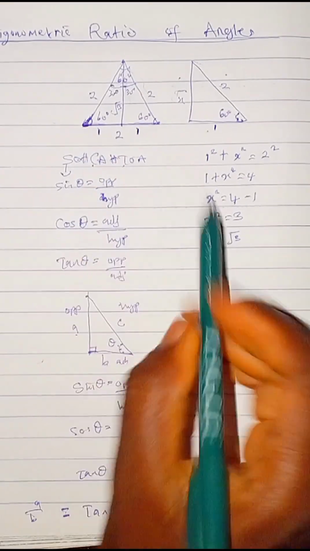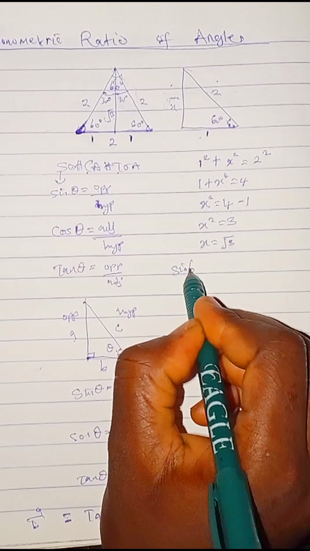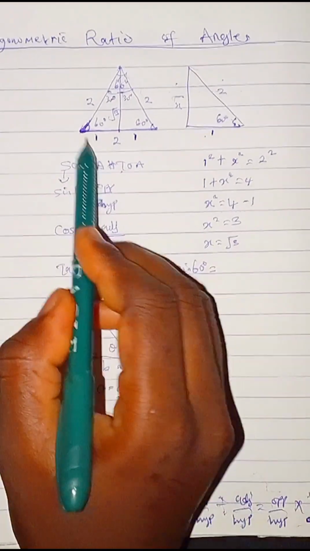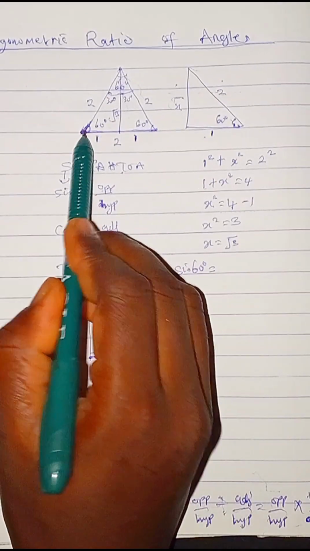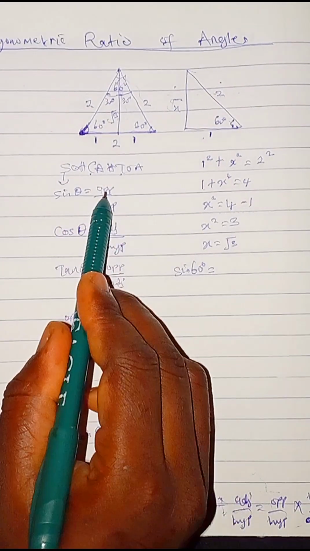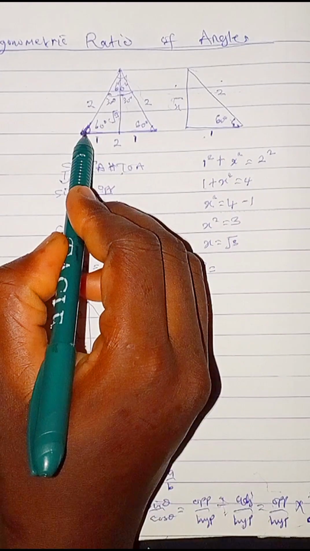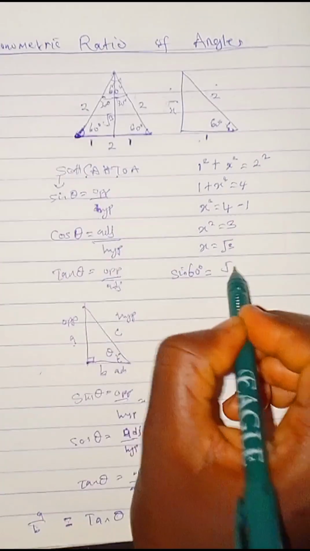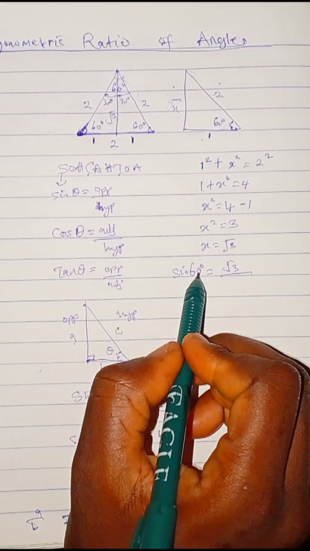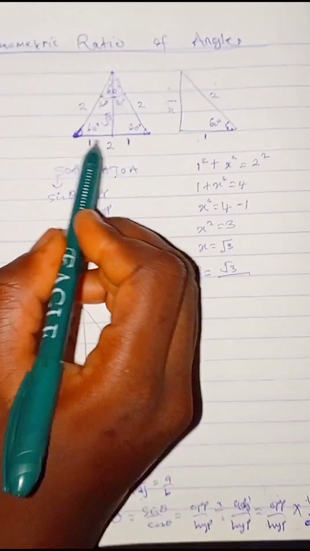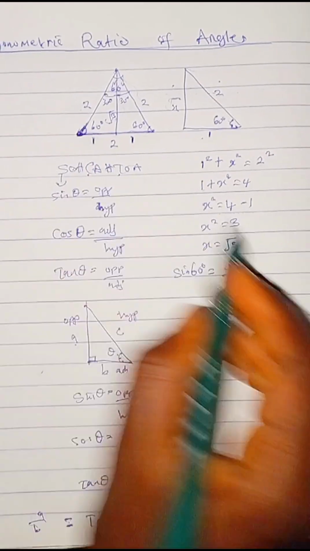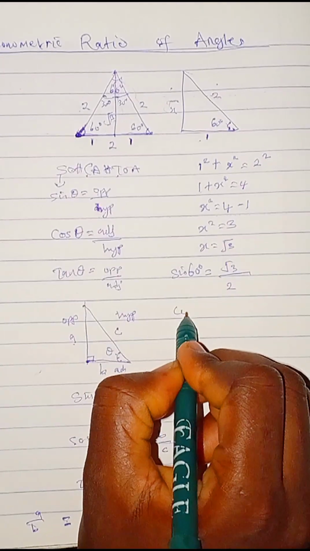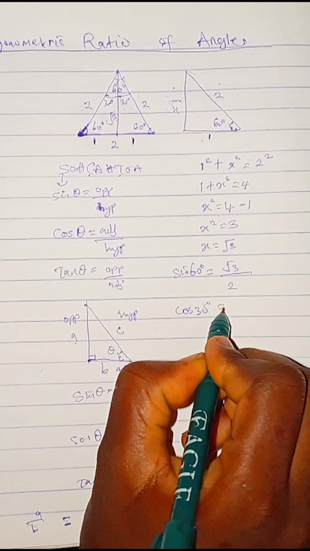From this angle, what is sine 60 degrees? Using opposite over hypotenuse, in this case, the opposite of 60 is square root of 3. And the hypotenuse is 2. What is cos 30 degrees?